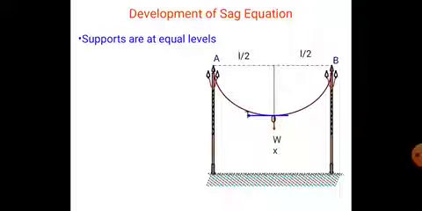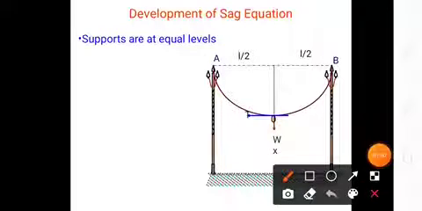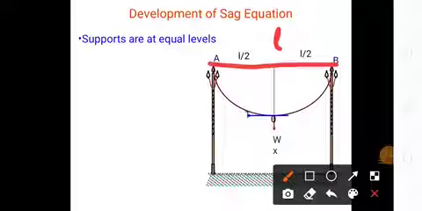The supports are at equal levels means the poles are at the same height. The length of the conductor between them is L meters.